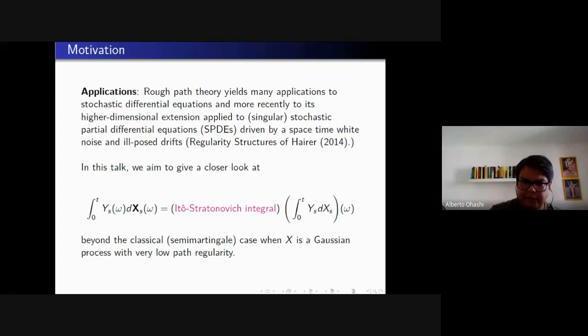Let's say it's a Gaussian process with very low path regularity. So I want to study this kind of connection. And the first question is, if there is a connection, how do these two integrals behave?